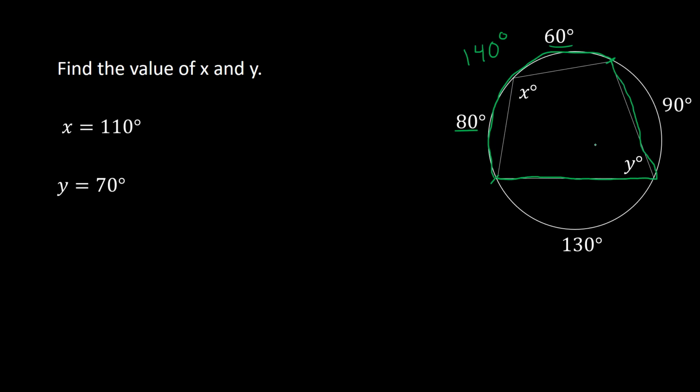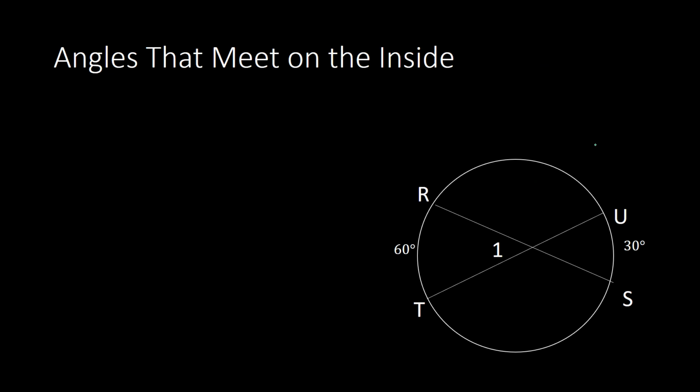Now up to this point we have discussed in a previous lesson about central angles, where a central angle has the vertex at the center, and in this lesson we just discussed an inscribed angle which has the vertex on the circle. Next we're going to talk about angles that meet on the inside of the circle. And there's no special name that we give to these angles, but there is a way that we can find the angle measure that meet on the inside.